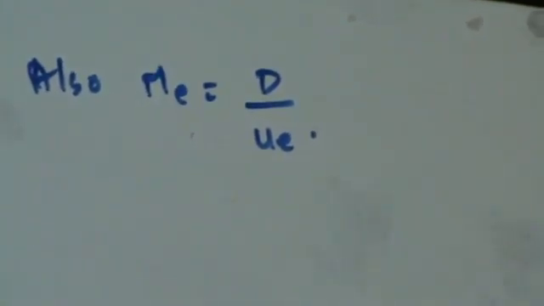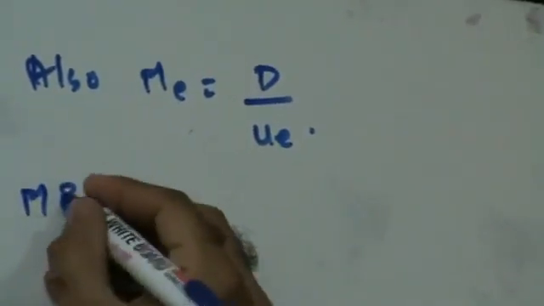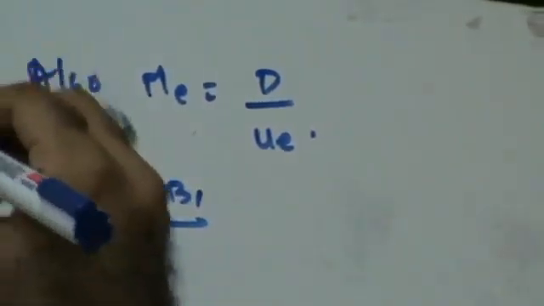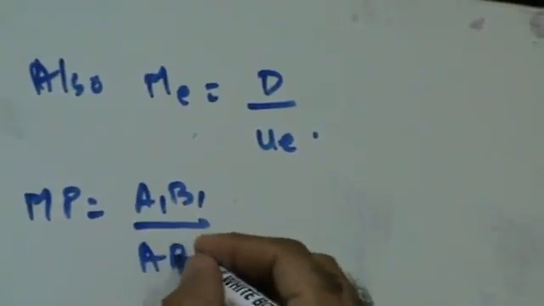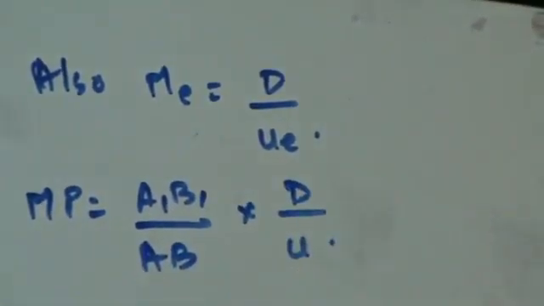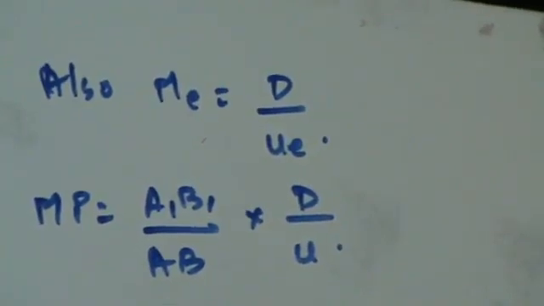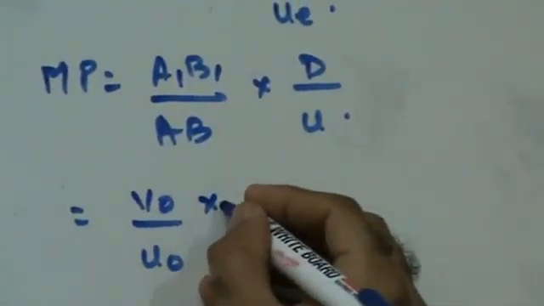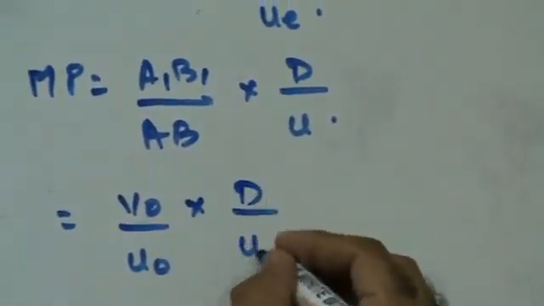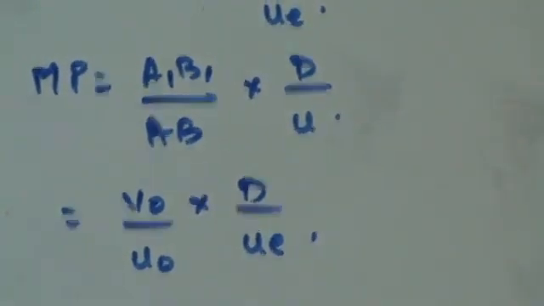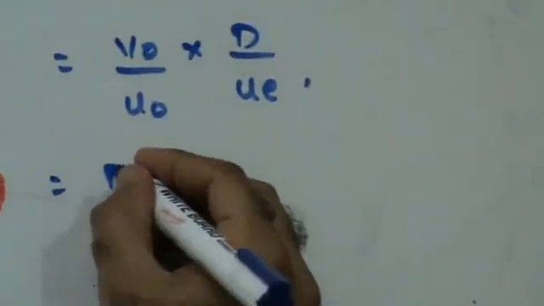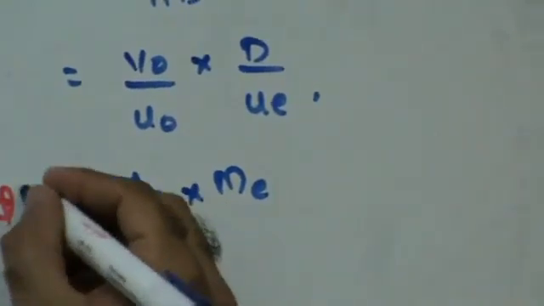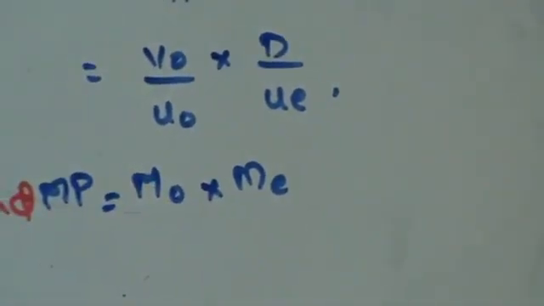Thus, I can say that the magnifying power of a compound microscope, which we just found out as A1B1 upon AB into D upon UE, can be written as V0 upon U0 into D upon UE, which can also be written as magnifying power of the objective into magnifying power of the eyepiece, or magnification of the objective into magnification of the eyepiece.